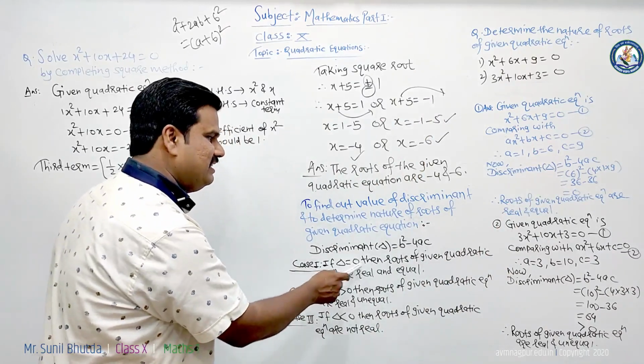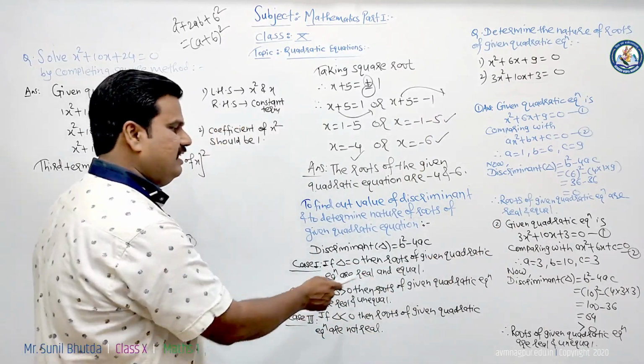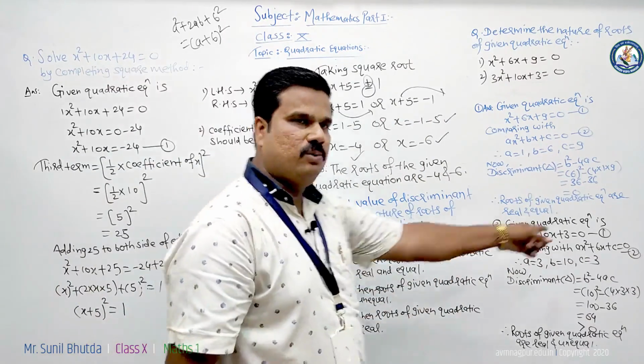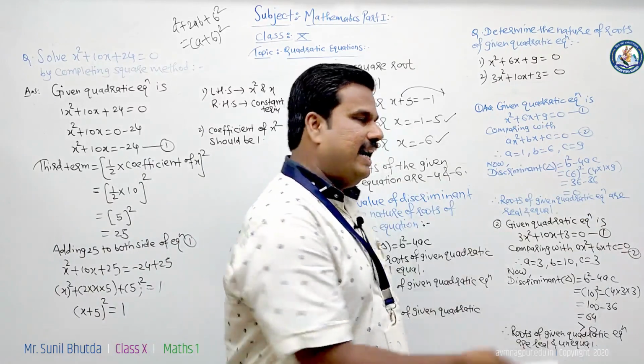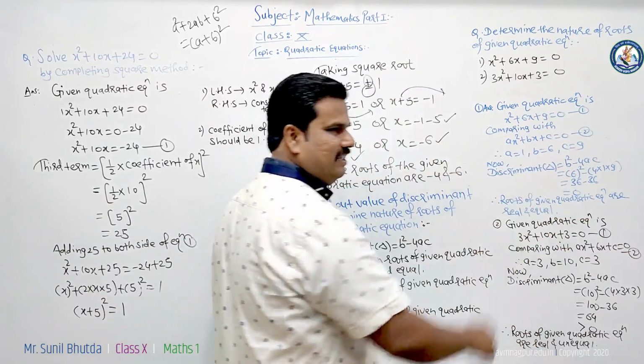If delta is 0, then we can write the roots of the given equation are real and equal. Therefore, I have written roots of given equation are real and equal.